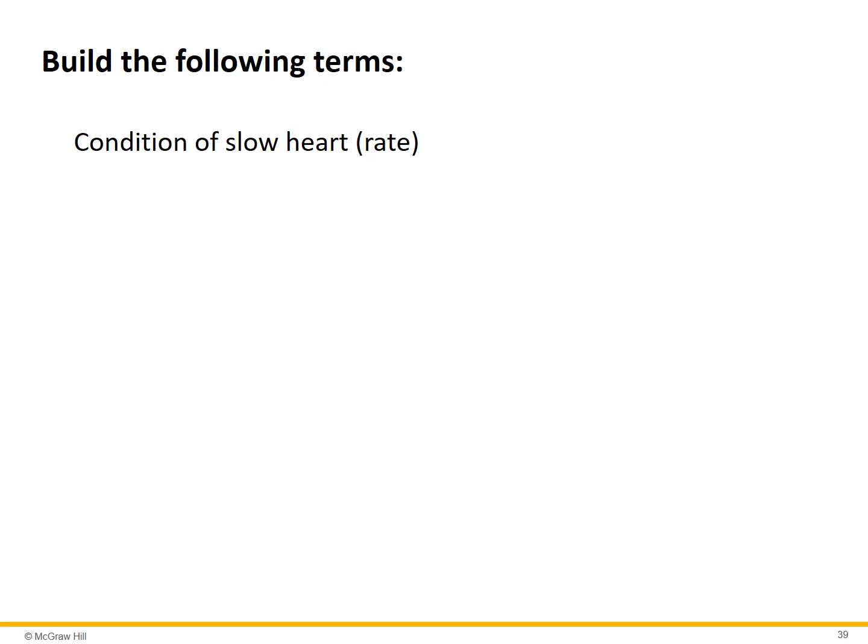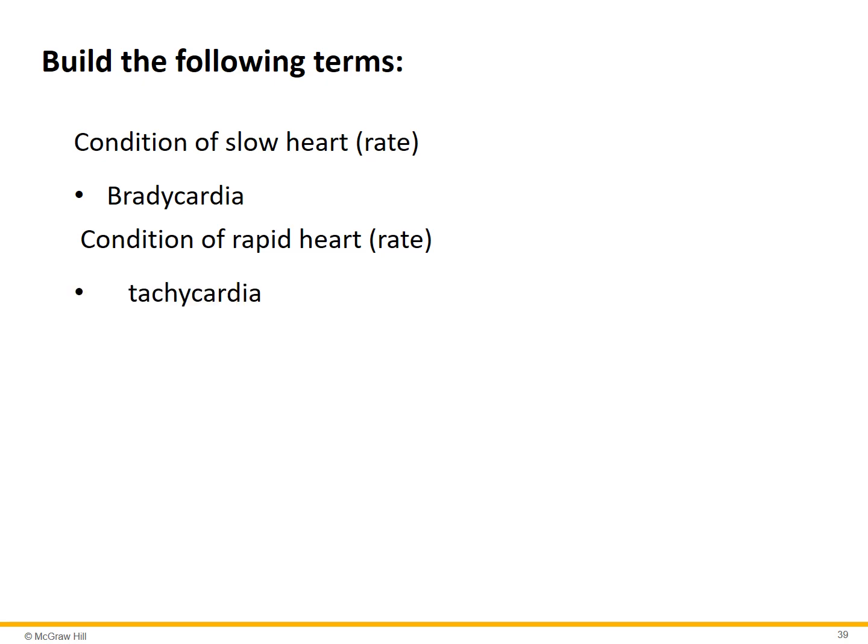Right, so build the following terms. Condition of slow heart rate, bradycardia. Condition of rapid heart rate, because cardia just means heart, so it's like condition of slow heart, so it also means rate. Tachycardia.